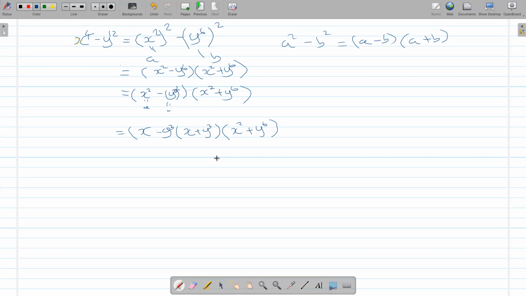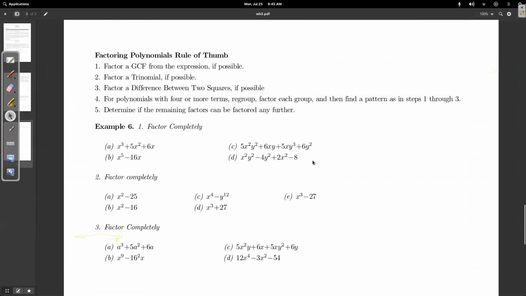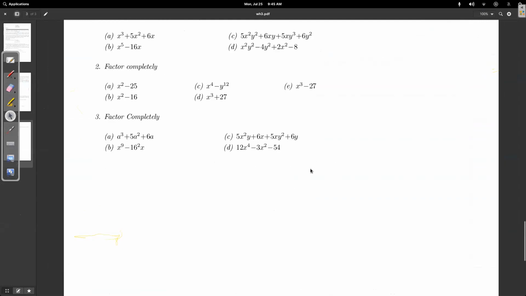Okay, example 6, question 3, part D. Let's see. Oh, yeah, okay, this one, let me check whether I'm right.